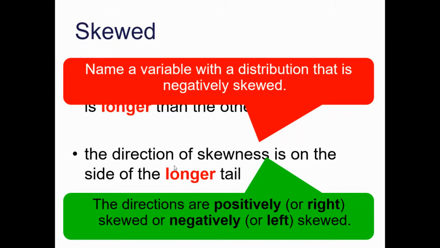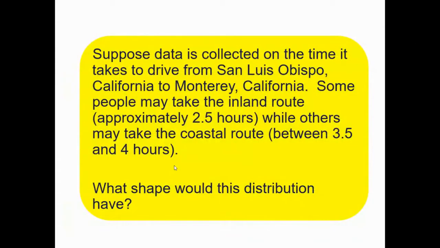So let's press pause on skewness for a second and think of this example. Suppose they collect data on the time it takes to drive from San Luis Obispo, California to Monterey, California. Some people take the inland route, which takes about 2.5 hours. Others take the coastal route, which is between 3.5 to 4 hours. What shape would this distribution have?